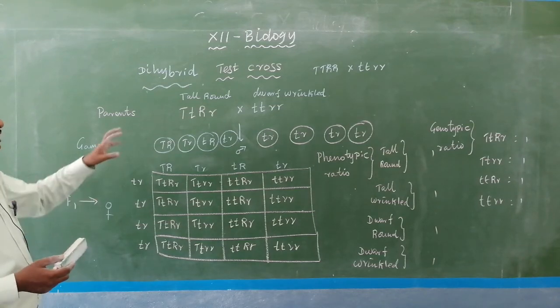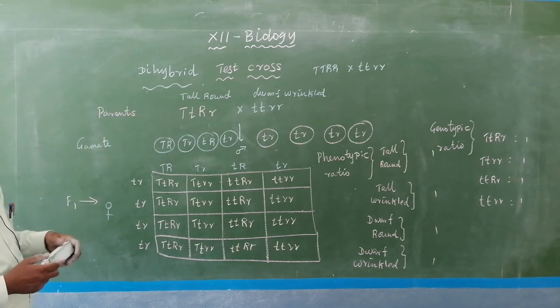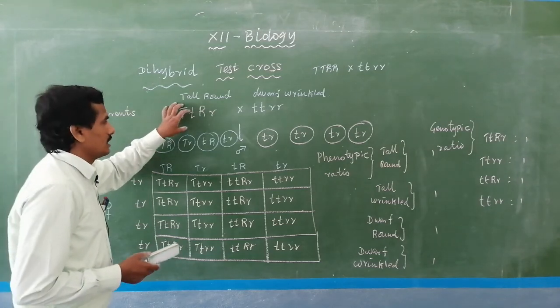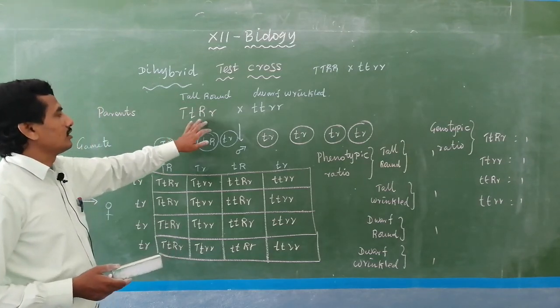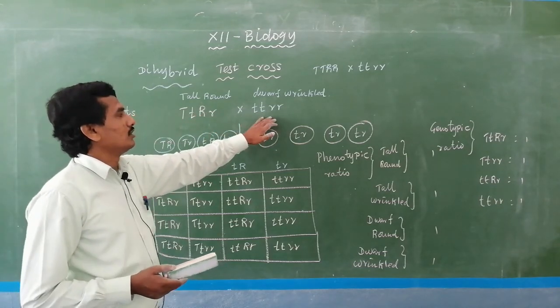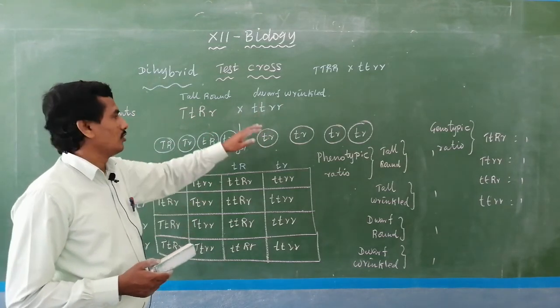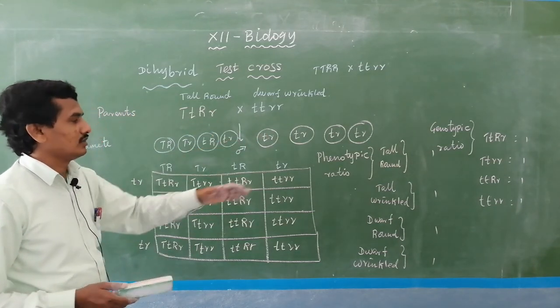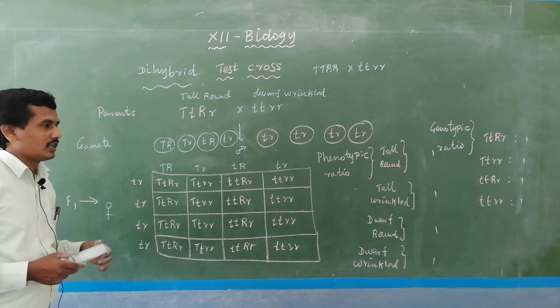Take any heterozygous plant and cross it with a homozygous recessive plant, and show the phenotype and genotype: the phenotypic and genotypic ratios are similar.